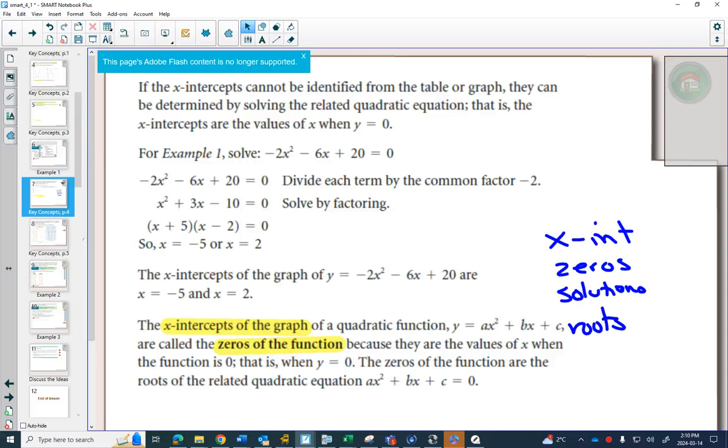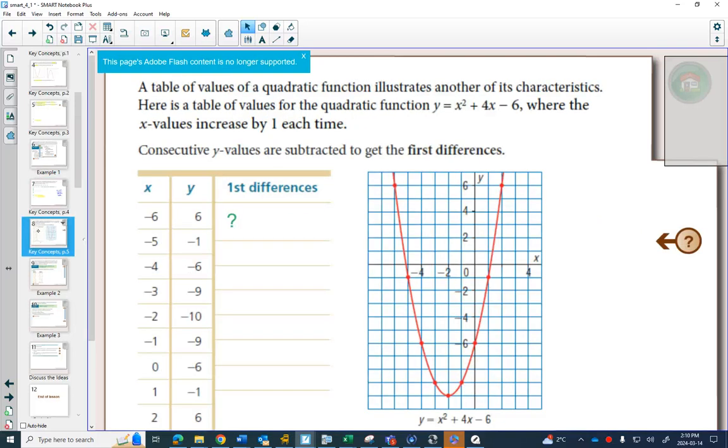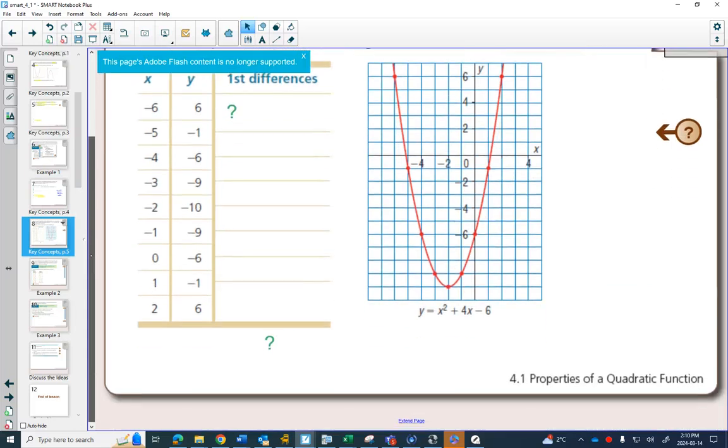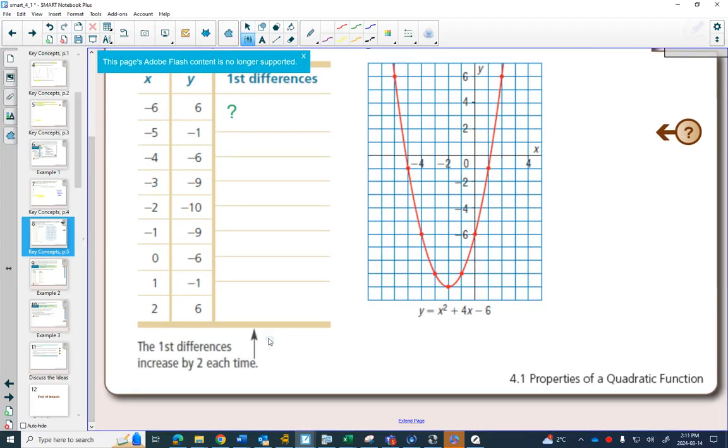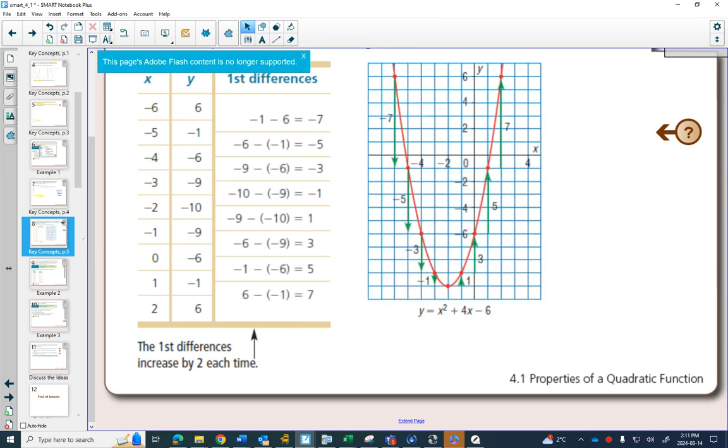And we already saw this nice pattern, so if you want to take out your highlighter and highlight the over 1 up 1, over 1 up 3, over 1 up 5, over 1 up 7 pattern. That's on page 254.